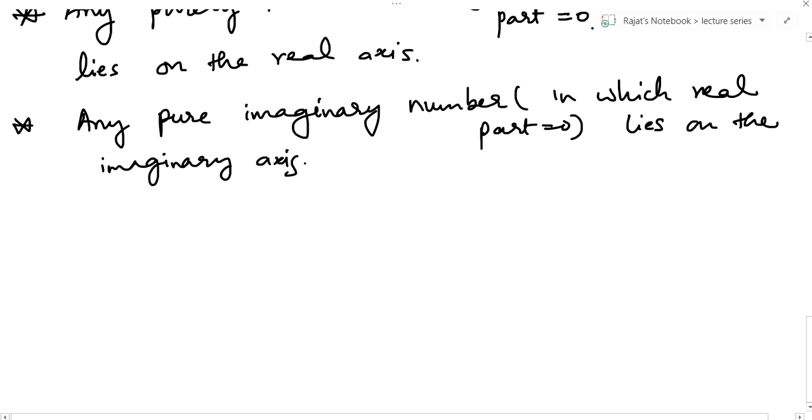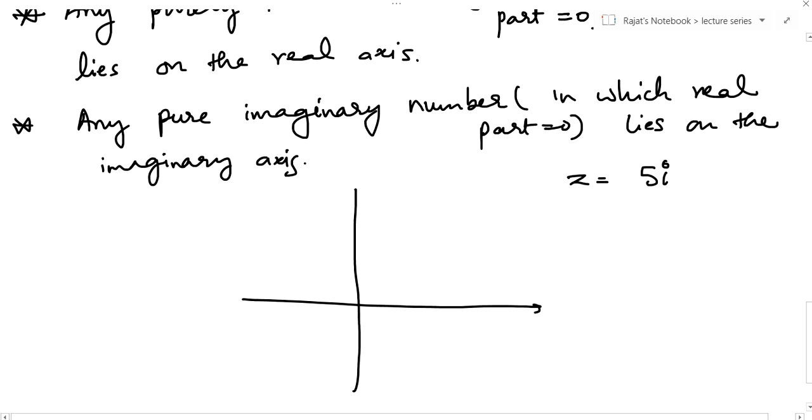Okay, very simple. So let me draw the argand plane once again. Suppose the complex number is 5i. Now I can write it as 0 plus 5i. So the real part of z is 0, the imaginary part of z is 5.